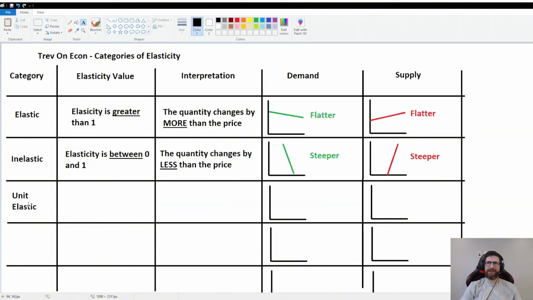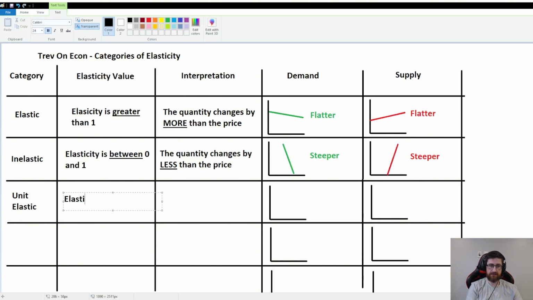It's just a point that happens to exist, because if we look at inelastic, that's from 0 to 1. But then after 1, we become elastic. So the unit elastic is like the turning point when elastic becomes inelastic and vice versa, right? So you can probably guess, but this is when elasticity is equal to 1.